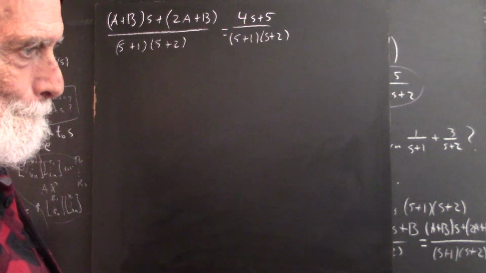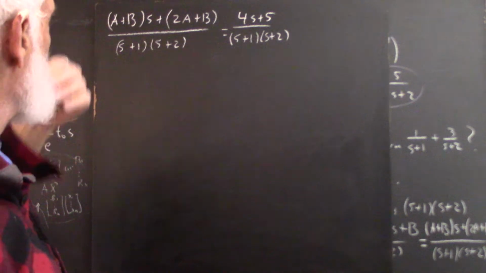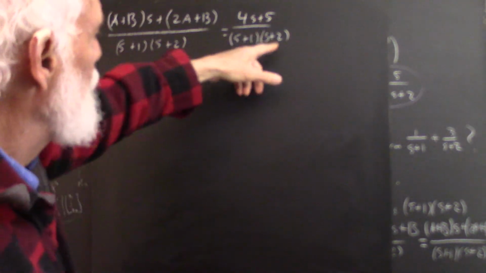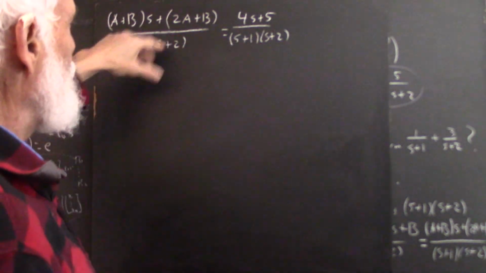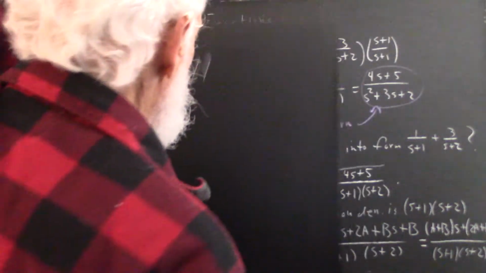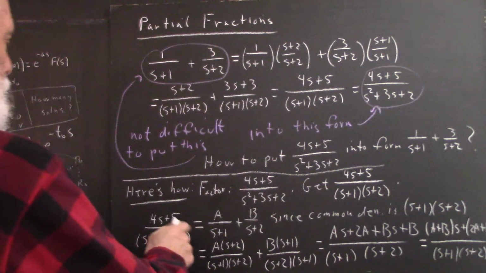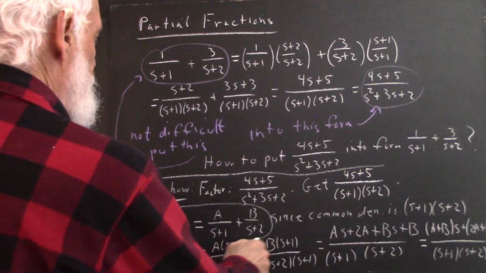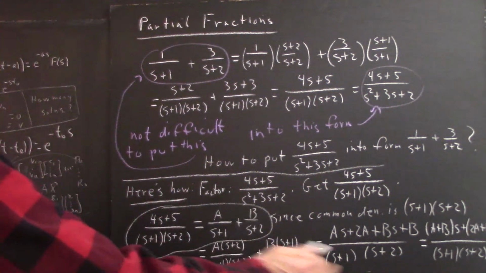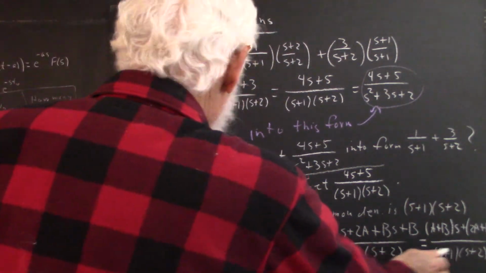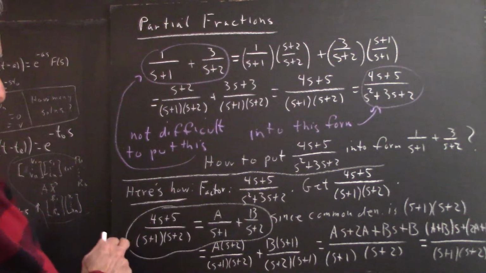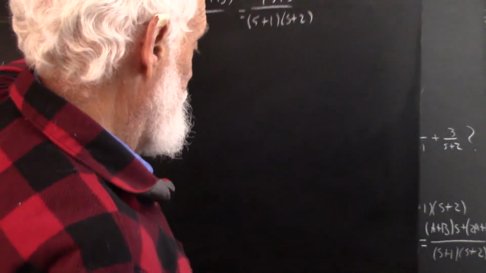Because this is what we started with. Now we've just taken this equality here, and all we've done is rewritten it. We've rewritten this expression, it's equal to this, and it's still equal to the original expression.